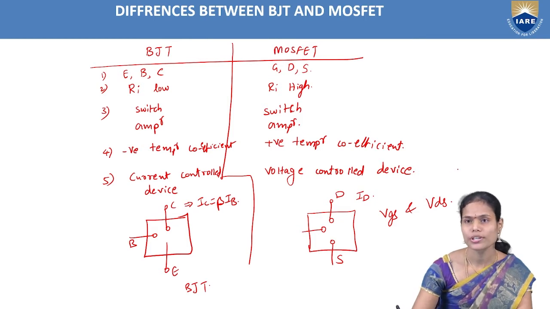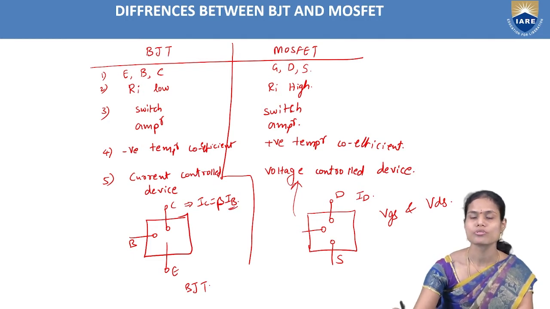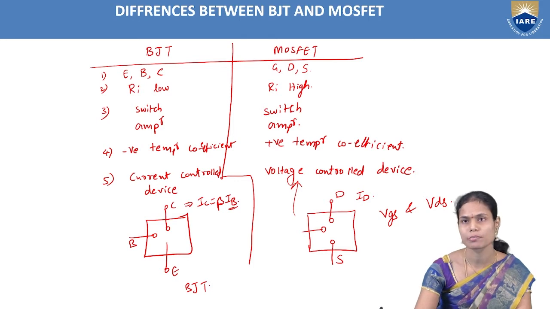Because of these two voltages, there is a variation in the drain current, which is the output current in the case of MOSFET. That's why it is called a voltage control device. The current conduction is due to the applied voltage, and BJT is the current control device because its current conduction is due to the input or base current. These are the major basic differences between the MOSFET and BJT.